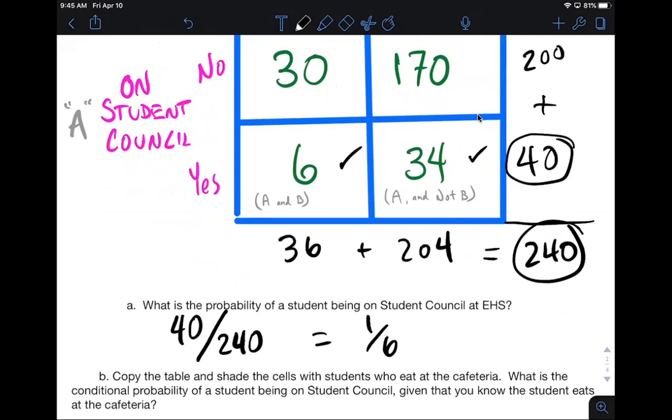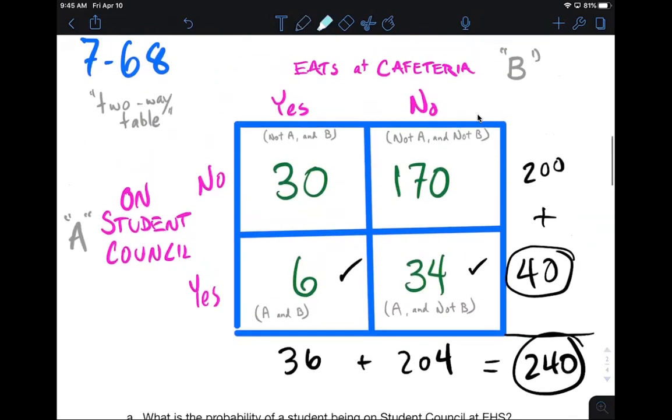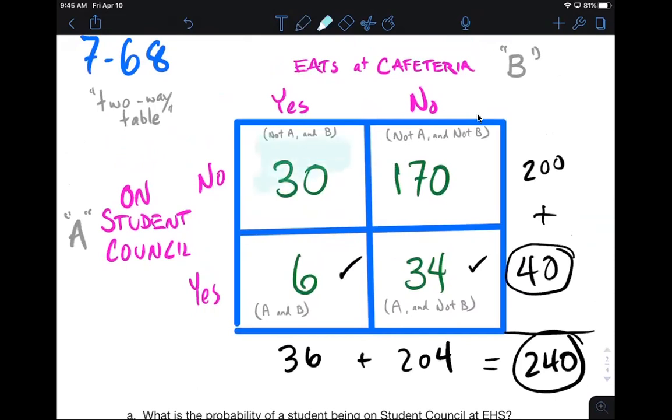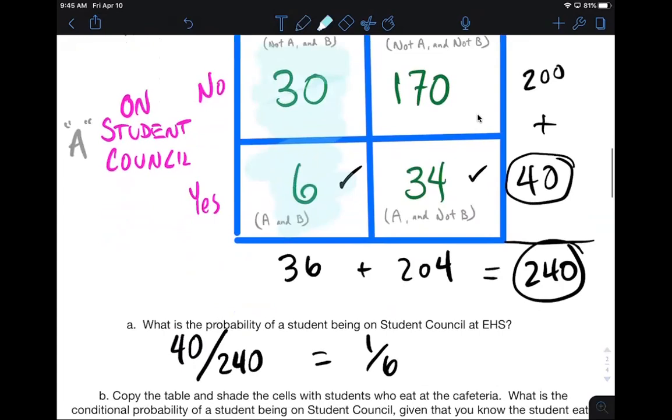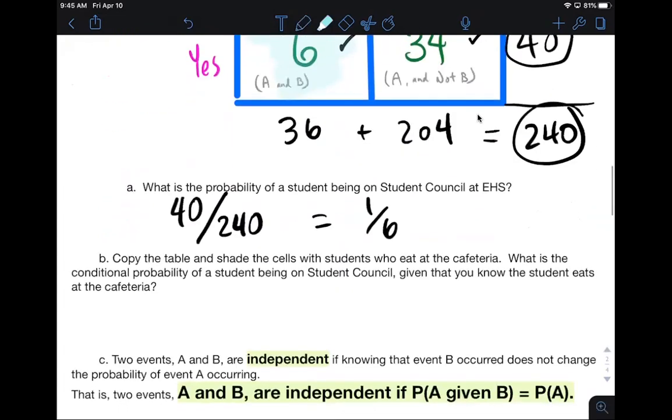So it says, copy the table and shade the cells with the students who eat at the cafeteria. All right, so let's get out the highlight tool here and shade in the people who said, yes, I do eat at the cafeteria. So that's all of these people right there. All right, there's 36 of them. What is the conditional probability, all right, of a student being on student council given that you know the student eats at the cafeteria?